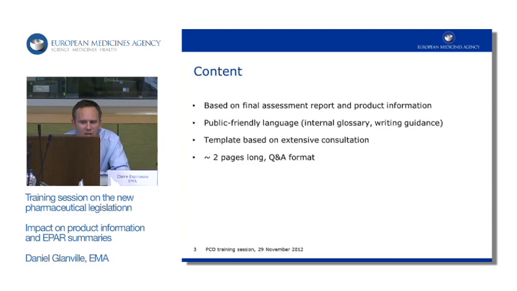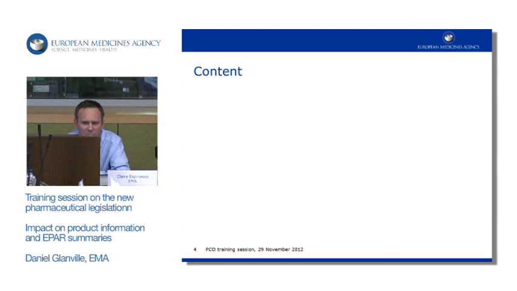We also have a template for the summary, which sets the structure and also some rules for the content. This was developed some 6 or 7 years ago through quite a long consultation process, including patient representatives. The summary is about 2 to 2.5 pages long, and it's in a Q&A format, and you might know it very well, but the order that it follows is shown on this slide.